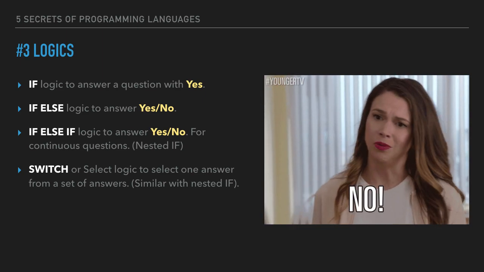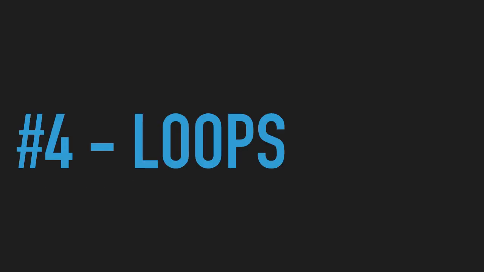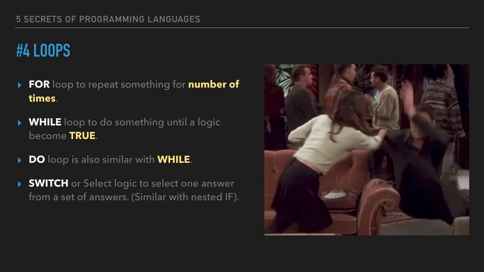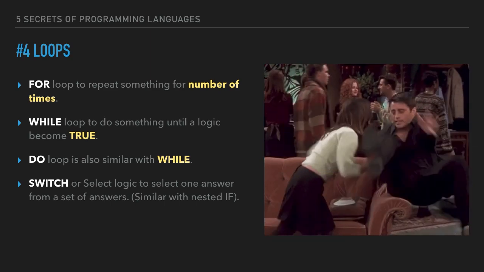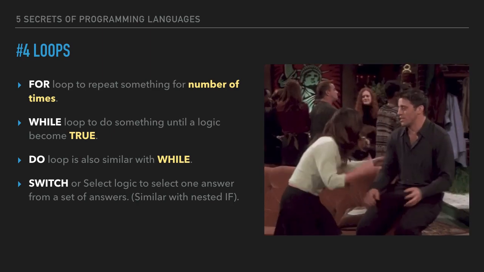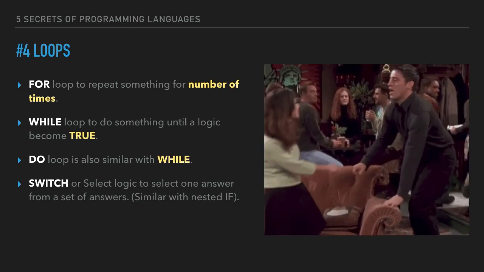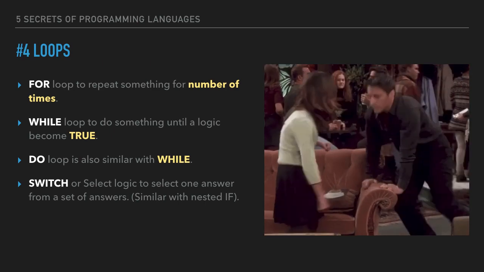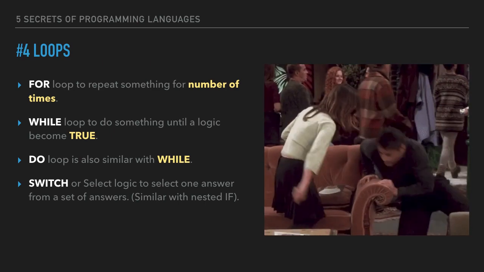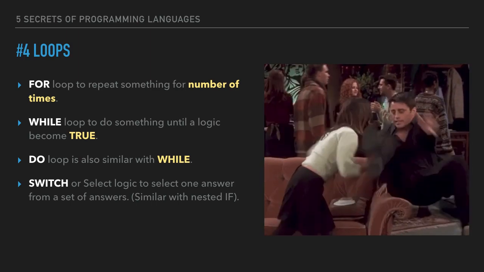So what about the fourth one? Let's move to the fourth one. Next one is loops. What are loops? Look at the picture, the GIF. Here the girl keeps hitting the boy until he gets down. Look at that. A loop is something like that. You have to do something until something happens.